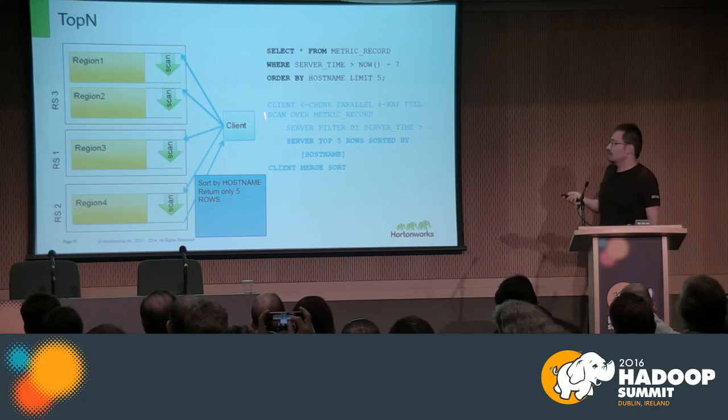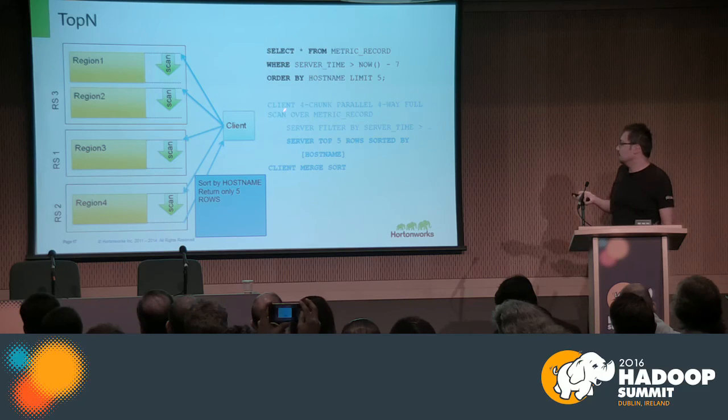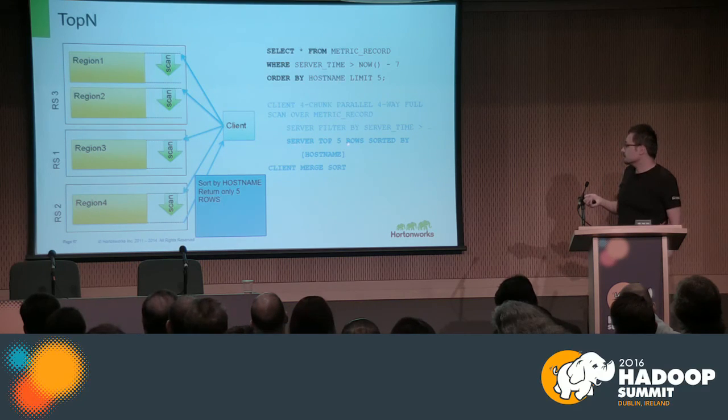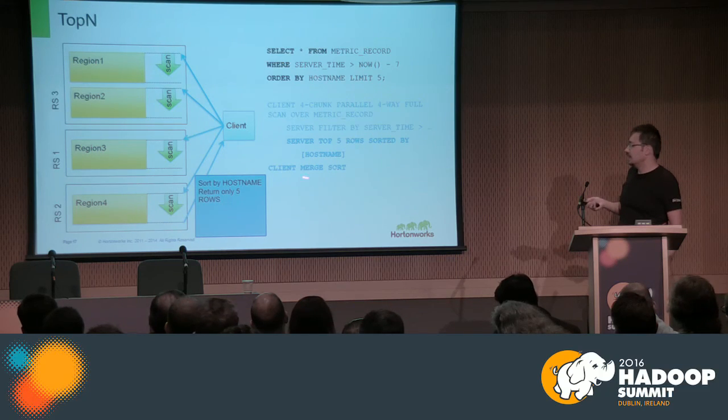The way that Phoenix computes this query, if you look at the explain plan, is that it will say something like: server filter by something, server top 5 rows sorted by the host name, and then client merge sort.